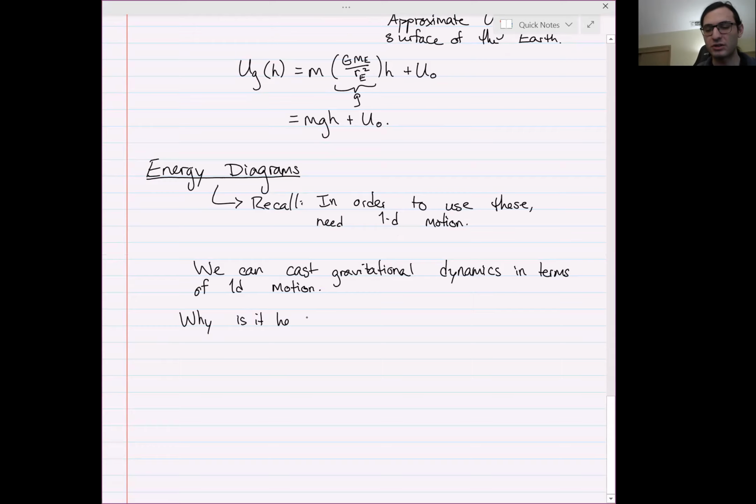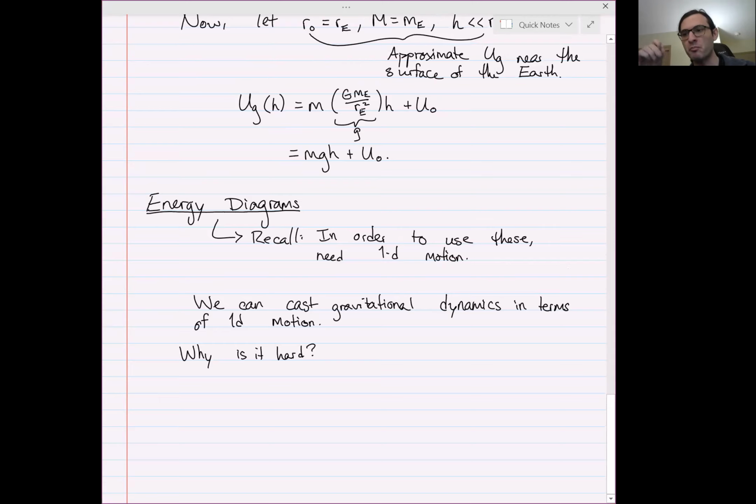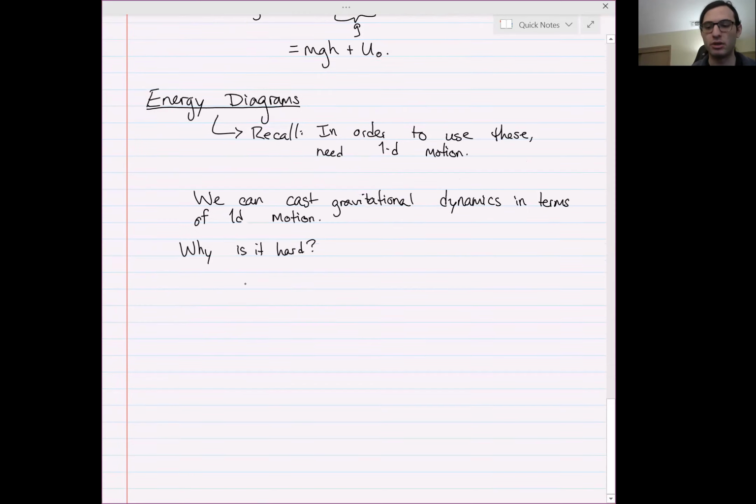Let's just imagine that we could treat r as our one-dimensional variable, and that's it. We would just imagine that the object just moves along r, and we can just plot it. So we would have our gravitational potential energy. We plot it like this. It's a terrible drawing.